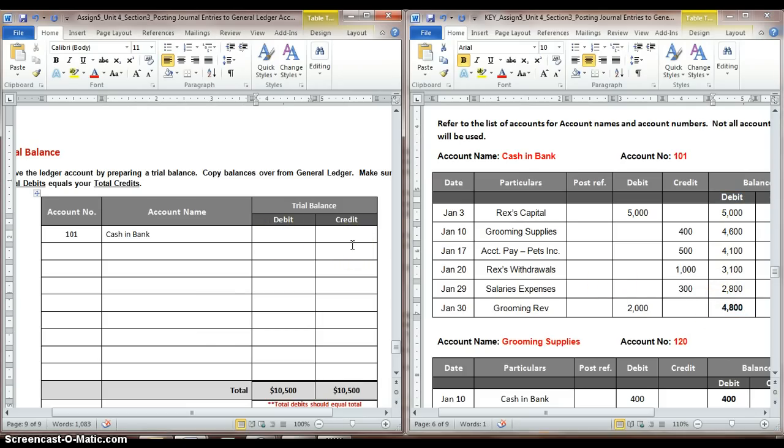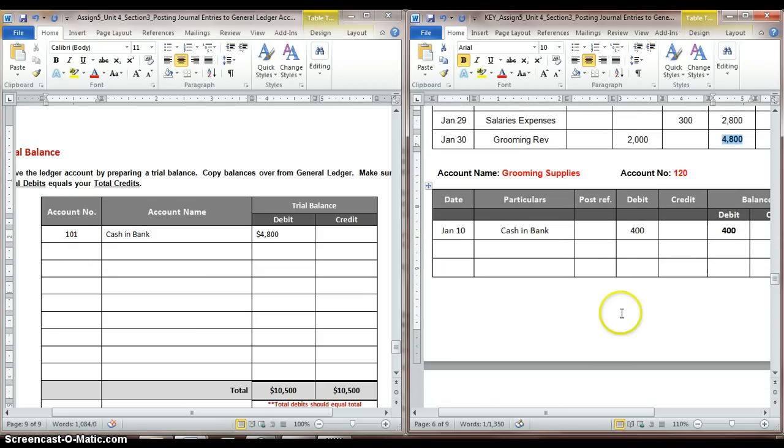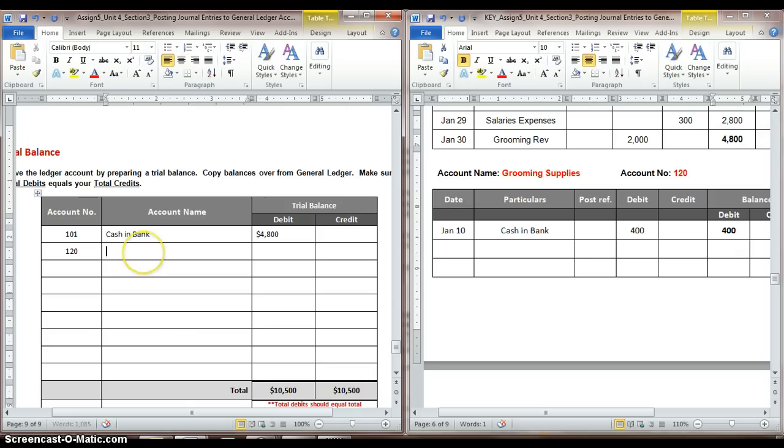So I come over here and I copy in 4,800. And that's all we have to do with that account. Easy peasy, huh? We're just copying over balances. So now I go to my next account, account number 120. This was for grooming supplies, and I had a debit balance of $400.